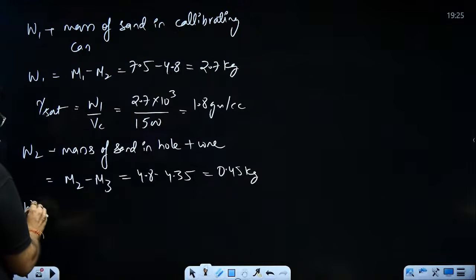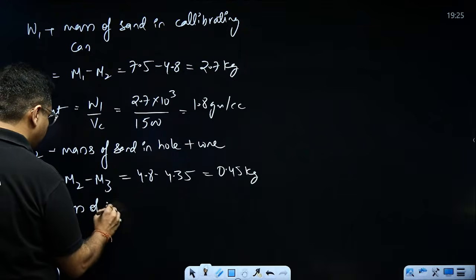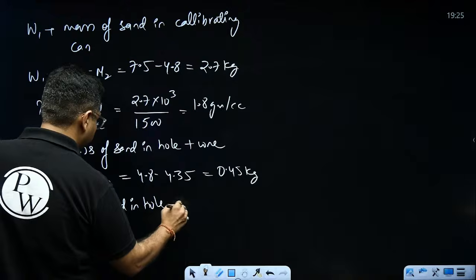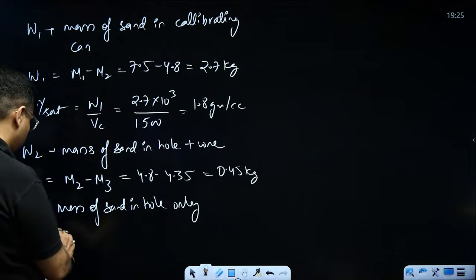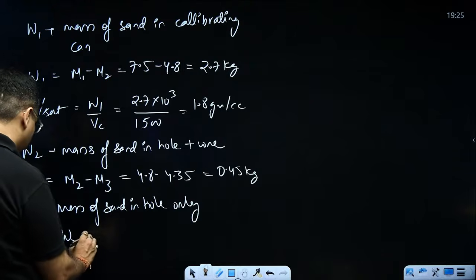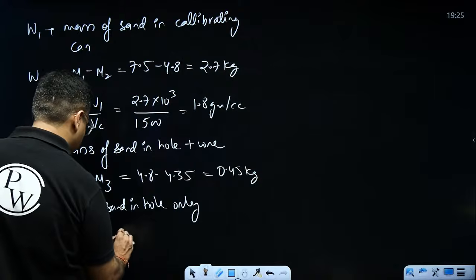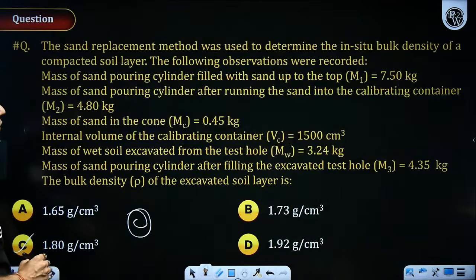Now W3, mass of sand in hole only, will be equal to W2 minus Mc, mass of sand in cone only.